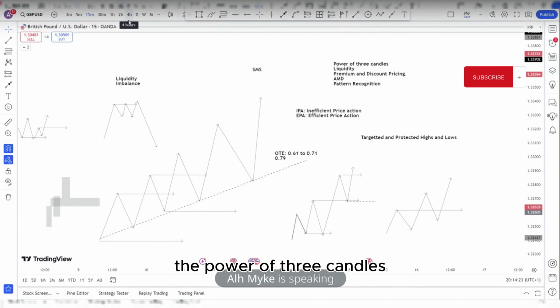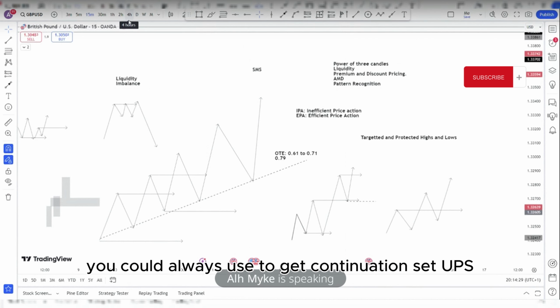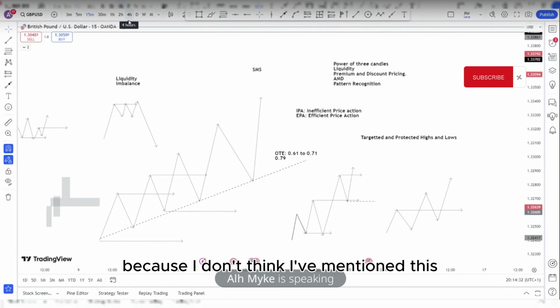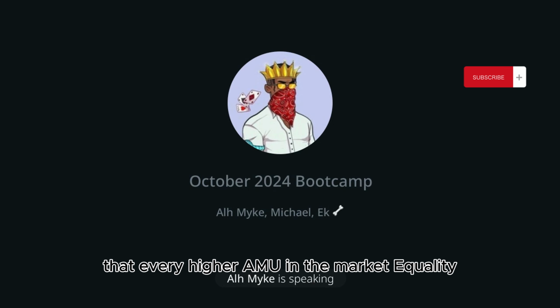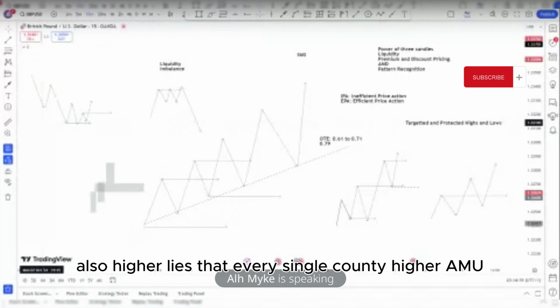I'm going to combine it with liquidity. The liquidity I'm going to explain is one you could always use to get continuation setups, because I don't think I've mentioned this. In as much as liquidity lies at every high and low in the market, liquidity also lies at every single candle high and low you see.